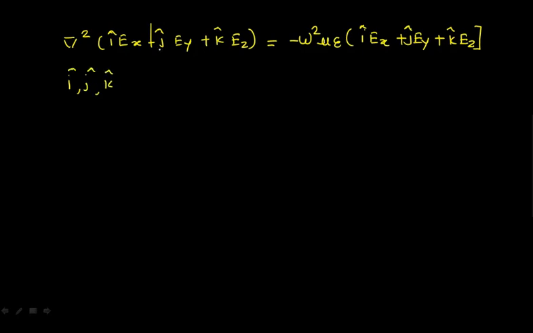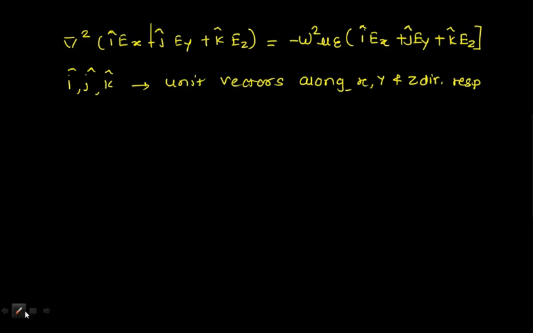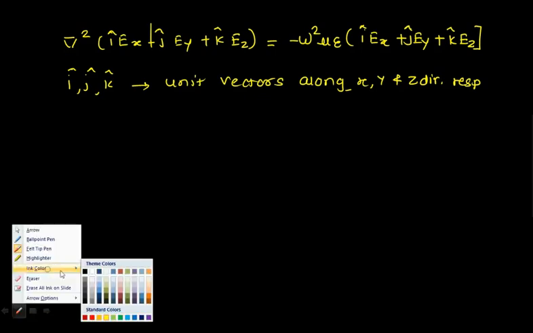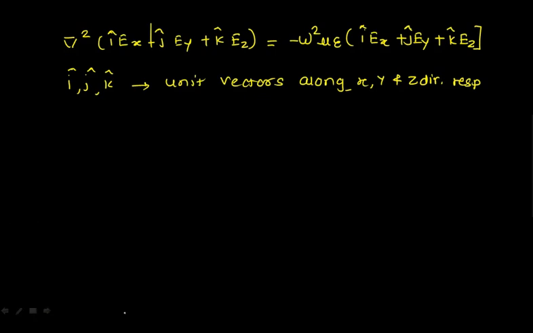These are nothing but the unit vectors along the X, Y, and Z directions respectively. i is in the direction X, j is in the direction Y, and k is in the direction of Z.